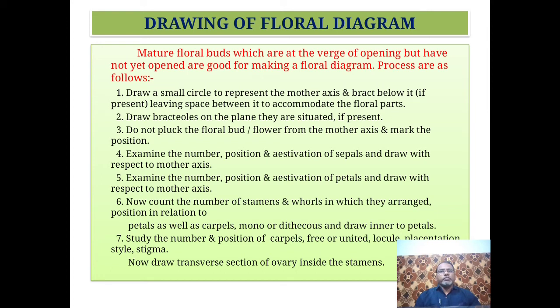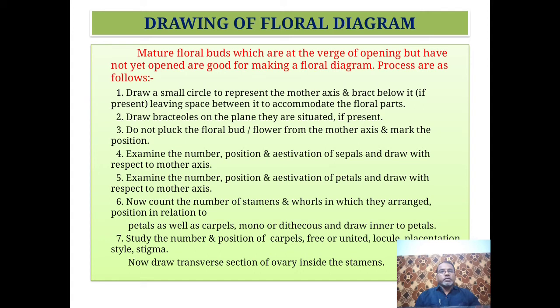Then draw bracteoles on the plane they are situated, if present. Do not pluck the floral bud or flower from the mother axis and mark the position. Examine the number, position and estivation of sepals and draw with respect to the mother axis.